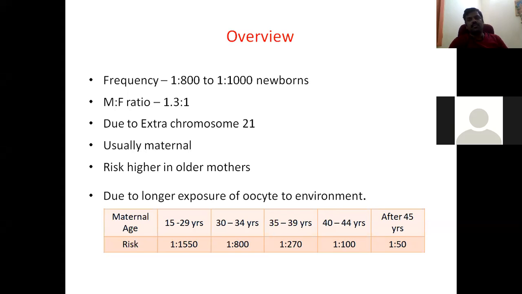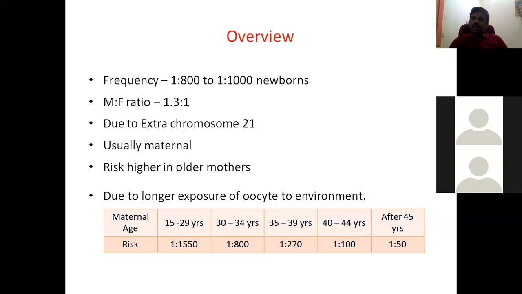These 300 oocytes are suspended in prophase from the period the child is born, and they stay in this suspended prophase for a long time. After menarche, as the child's reproductive age advances, the competent oocyte is released, and the oocytes inside the body are exposed to more toxins. Because of this long exposure to the environment, the incidence increases as the mother's age increases.